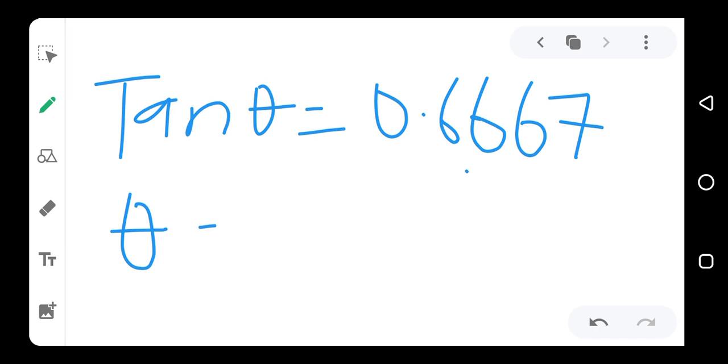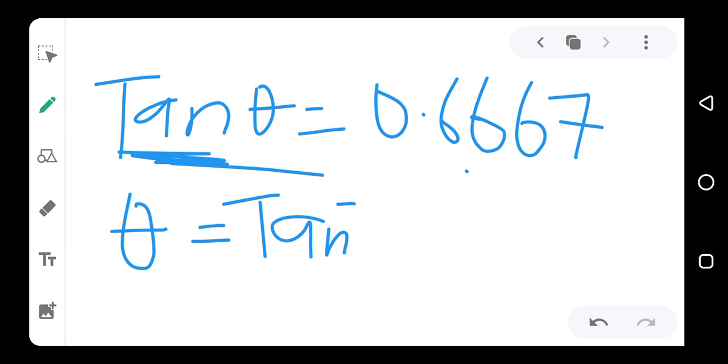To write arctan, that is the inverse of tan, we write it as tan with minus 1 on top, and then the value 0.6667.